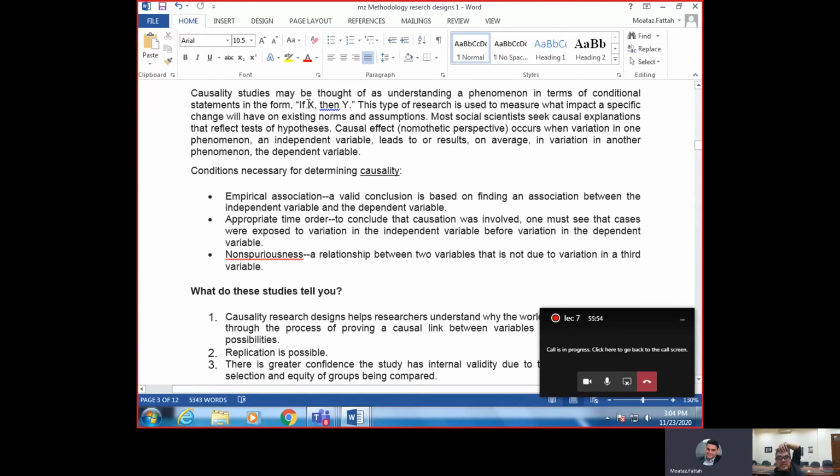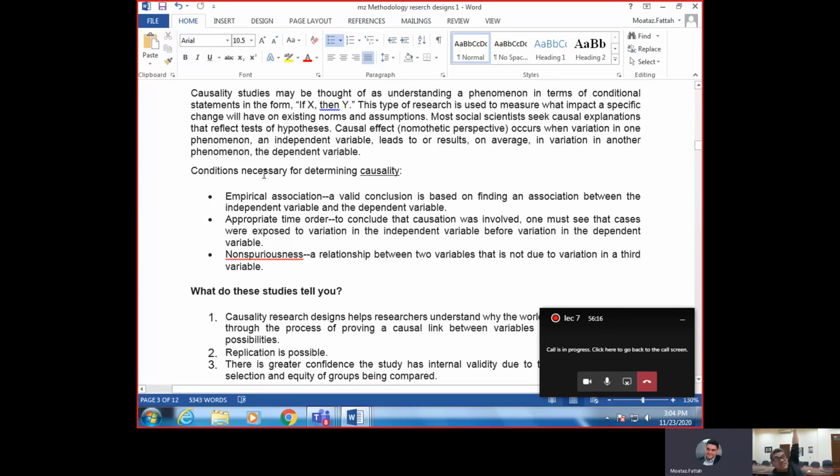But actually, this is not causing this. X and Y here, in this case, both of them are dependent on an actual independent variable that is not X or Y. It is Z. If Z, then X and Y, which is the temperature, the sun.